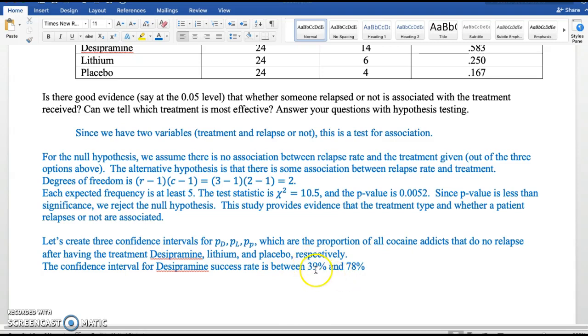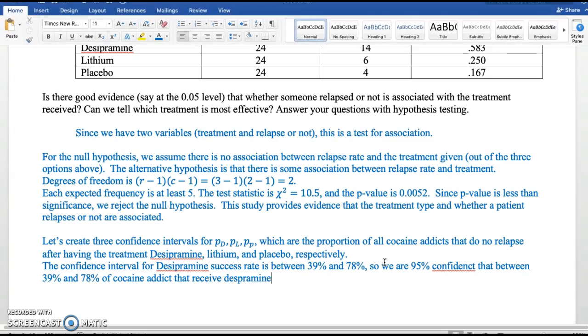So somewhere between 39 and 78% of cocaine addicts will not relapse. So we are 95% confident that between 39% and 78% of cocaine addicts that receive disipramine treatment will not relapse.